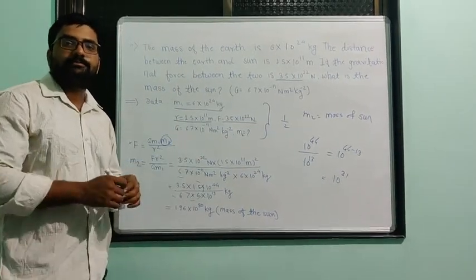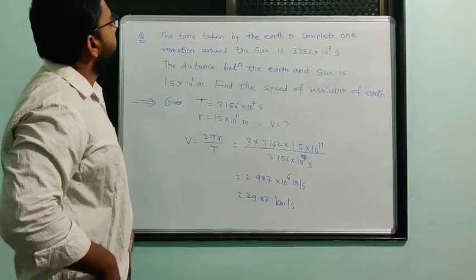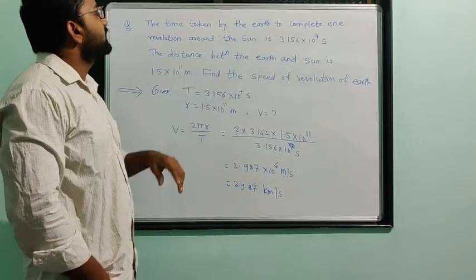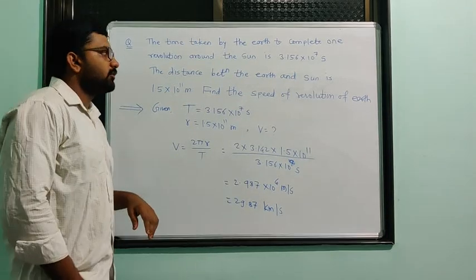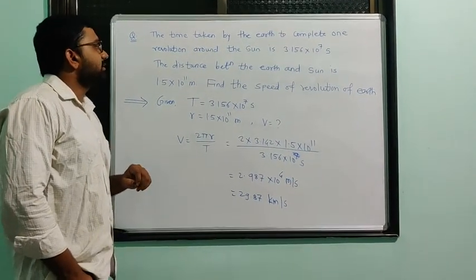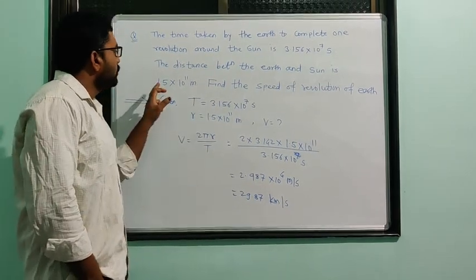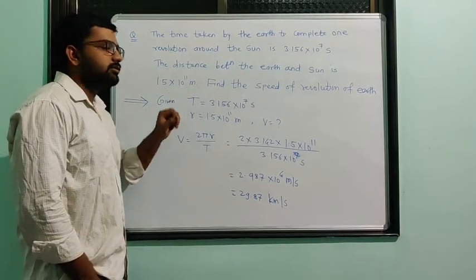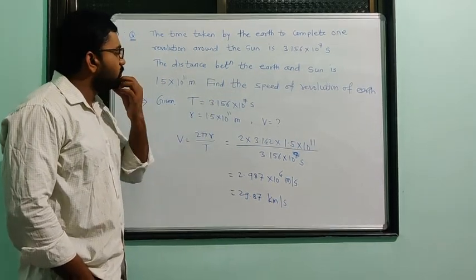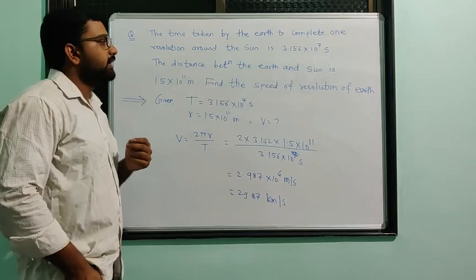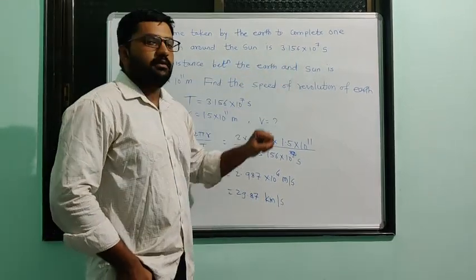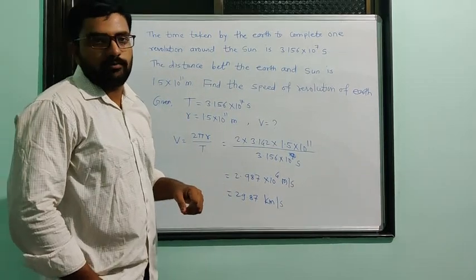Next problem: the time taken by the earth to complete one revolution around the sun is 3.156 into 10 raised to 7 second. The distance between the earth and sun is 1.5 into 10 raised to 11 meter. We have to find the speed of revolution of the earth.